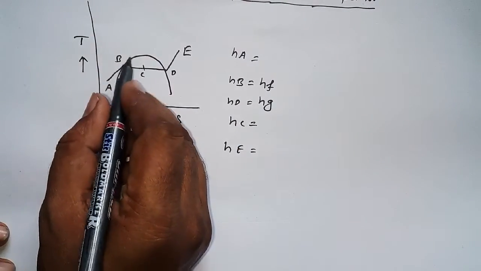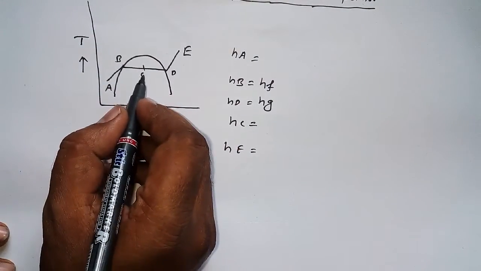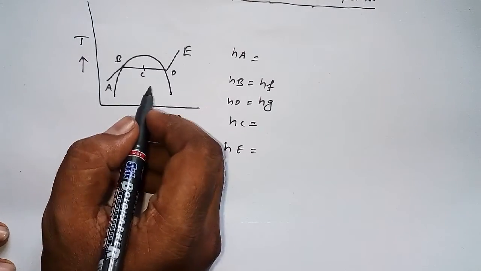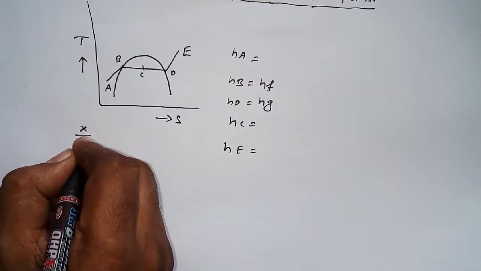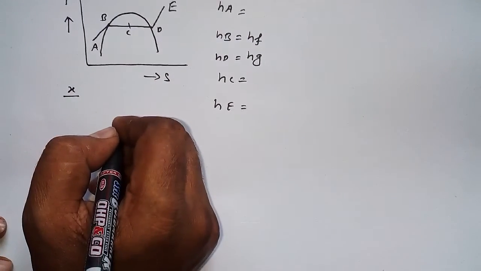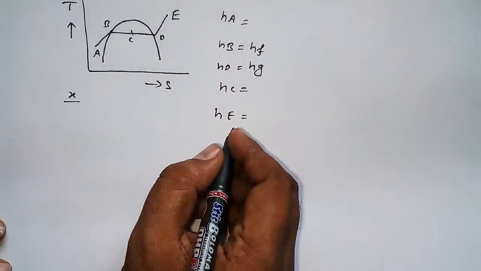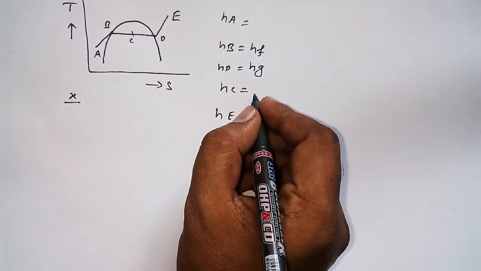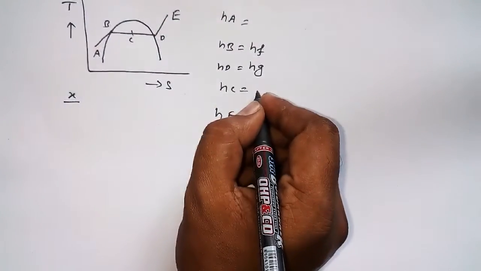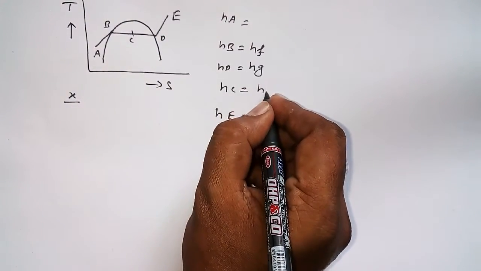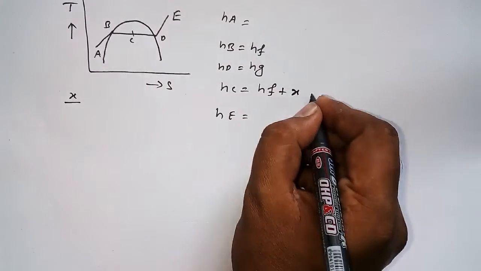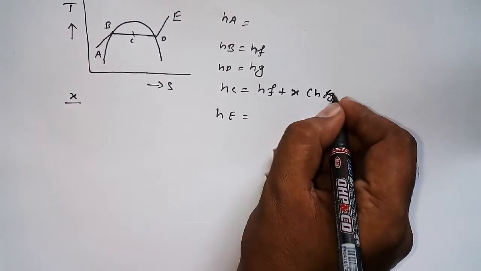Under this curve we have a region, and this region is known as the wet region, and in the wet region we have to consider X, which is known as the dryness fraction. If we want to find out enthalpy at this point, then we have to write: HF plus X HFG.